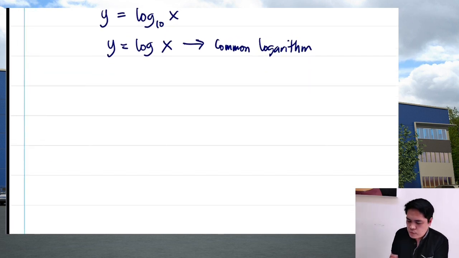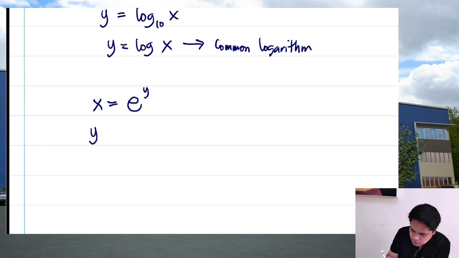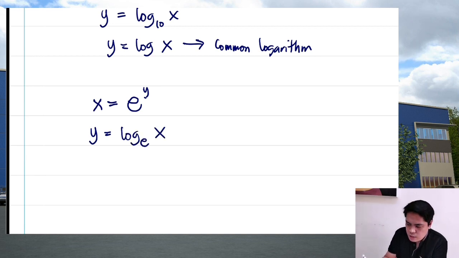Now, meron din tayong, what if the base is the natural base, Euler's number, e? So, we have x is equal to exponential y. So, the base is the natural base e. So, we write that as y is equal to the logarithm of x to the base e. And the logarithm to the base e, you could write that as natural logarithm, ln.